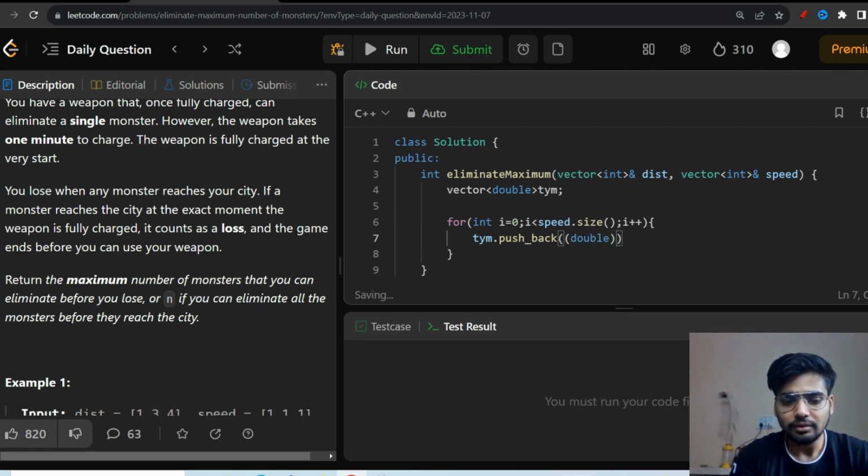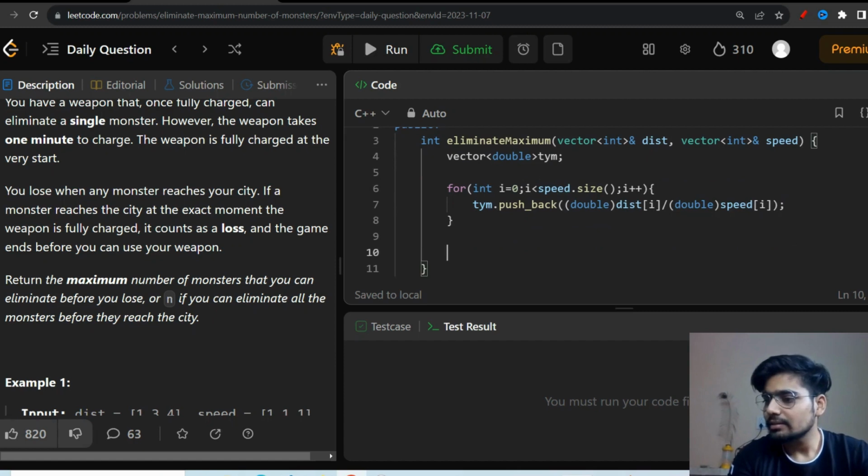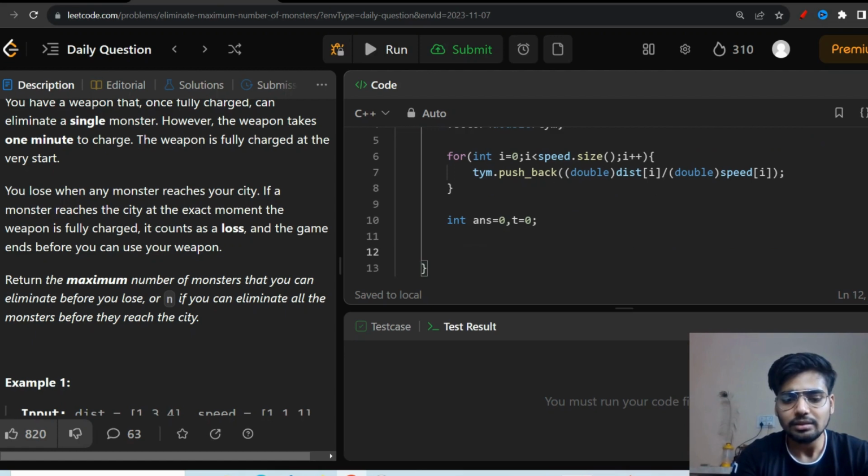Double, and this is our distance i, speed i. Okay guys, and after that our answer is 0 कि कितने हम एलिमिनेट करेंगे, our time taken is 0.